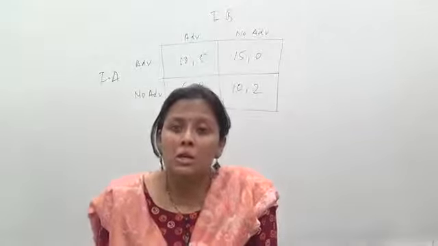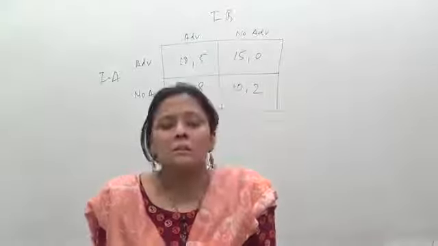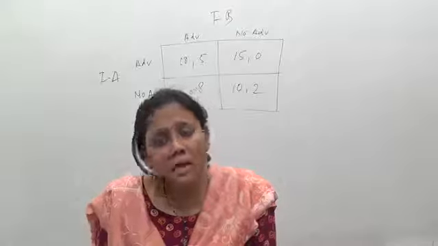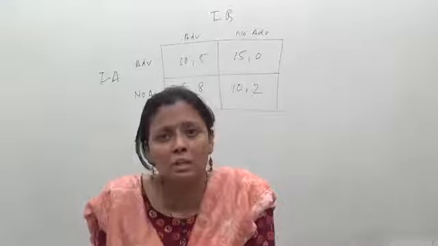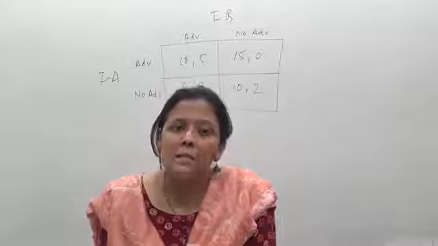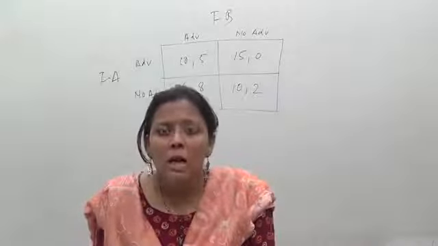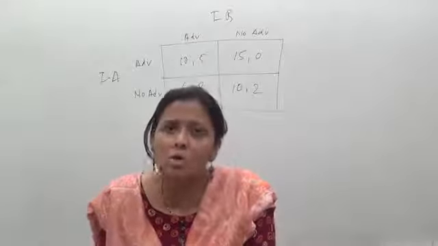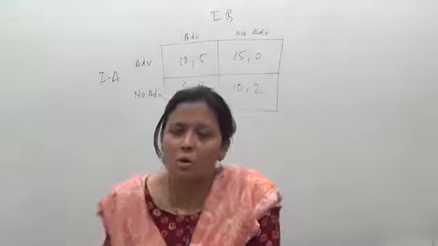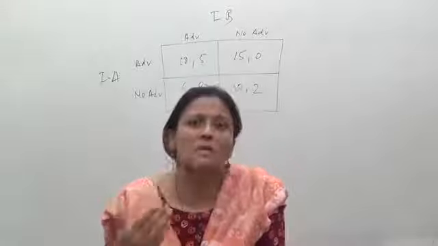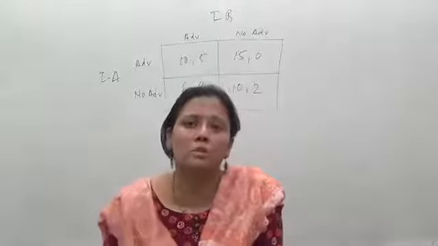That means whatever my competitor is doing, I am in the best situation. Then it is called the dominant strategy. And in the Nash equilibrium, you consider your opponent's situation, find out the best situation of your competitors, and then decide yours. Then it is called a Nash equilibrium solution.